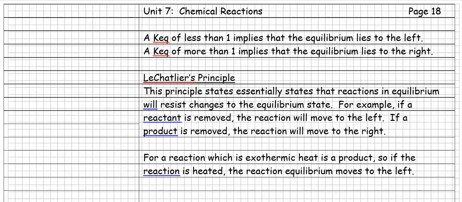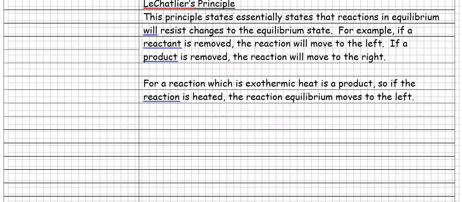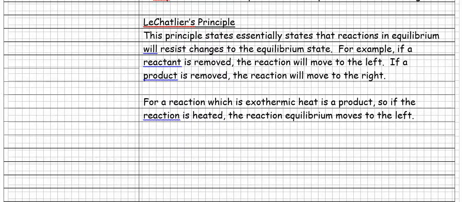Now what I want to talk about in the last section of these notes is something called Le Chatelier's principle. Okay? Le Chatelier's principle says this. It states, essentially, that reactions in equilibrium will resist changes to the equilibrium state. What does that mean? If a reactant, for example, is removed, the reaction will move to the left.